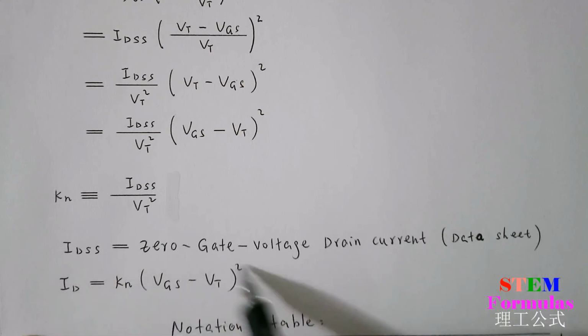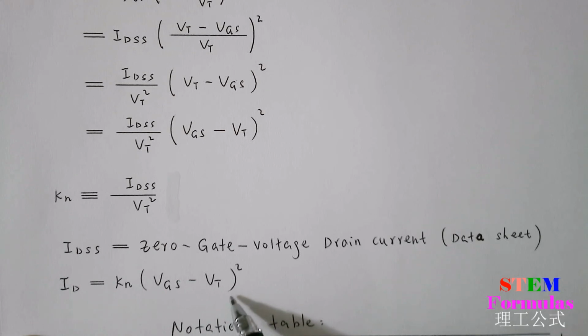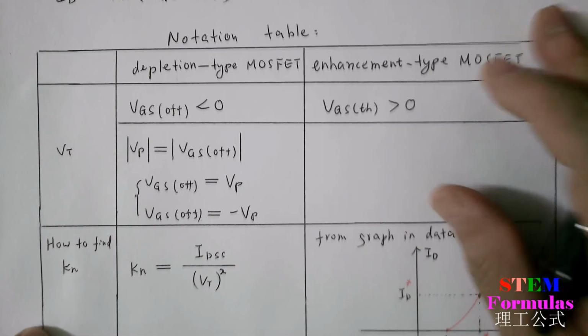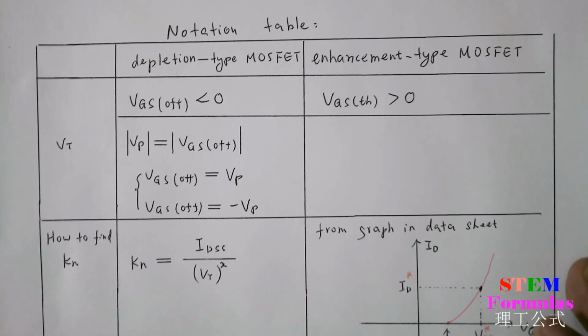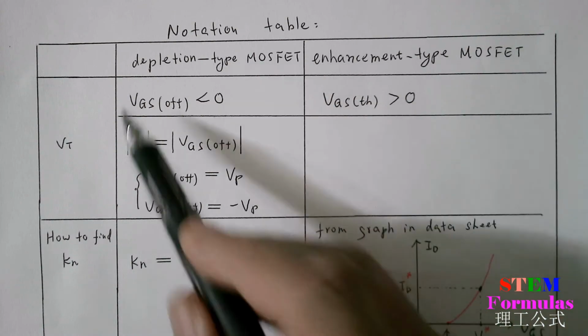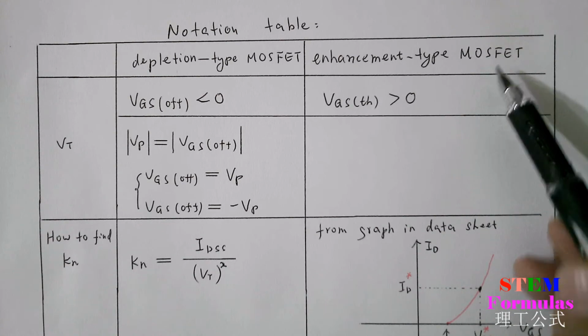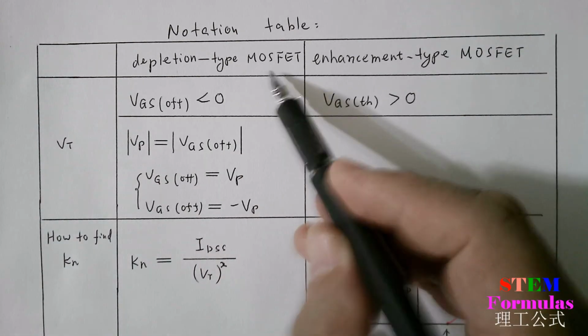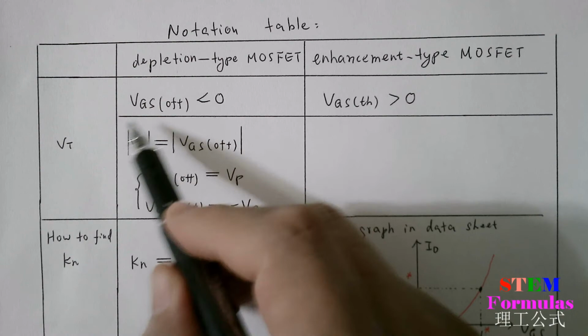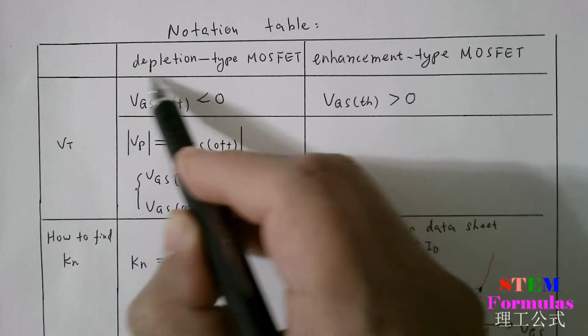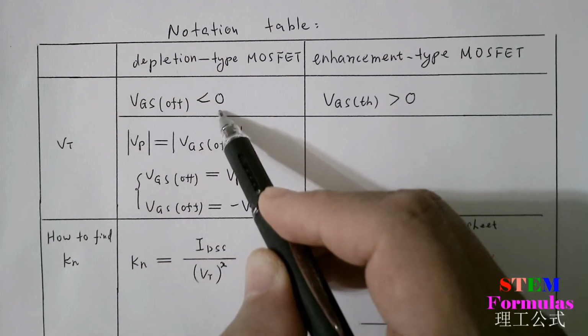This formula is exactly the same as the formula we use to describe enhancement type MOSFET. To make everything clear, we make the following table. So we list here depletion type MOSFET and enhancement MOSFET. For depletion type MOSFET, VT is sometimes written as VGS off, and this value is smaller than 0.